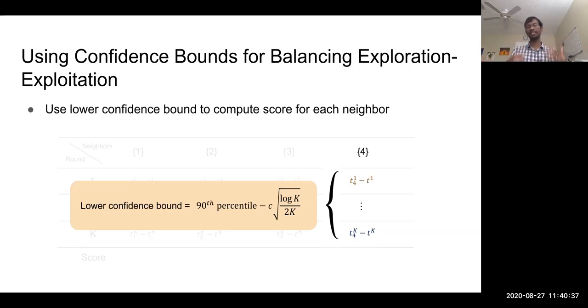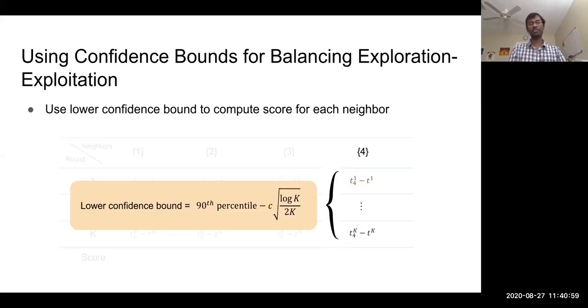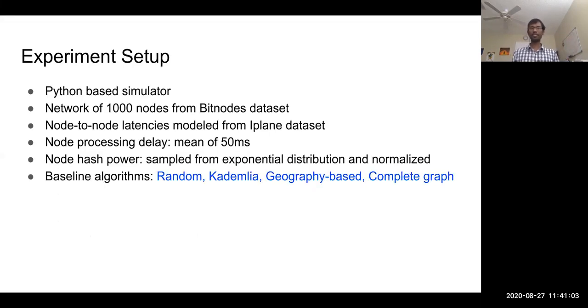Whereas by giving these neighbors the benefit of doubt, if we add this lower confidence bound, we would retain that subset of neighbors just for a few more rounds, and we would gain more confidence in their 90th percentile delay before really deciding on whether to retain them or whether to disconnect and then move on. So for more details, I'll refer you to the paper.